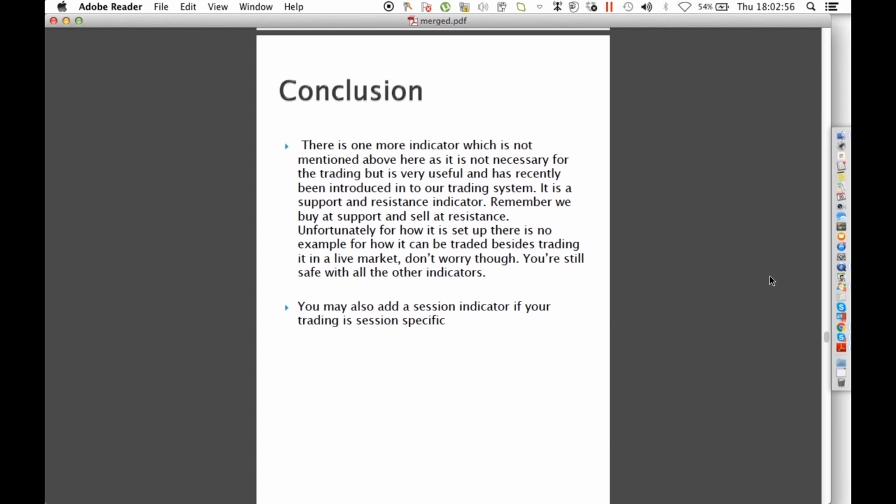Remember, the general rule for trading is that we buy at support and we sell at resistance. So when a market is at support, we would like to buy, and if a market is at resistance, we would like to sell. Unfortunately, for how it is set up, there is no example for how it can be traded, besides in the live markets. But don't worry, you're still safe with all the other indicators.